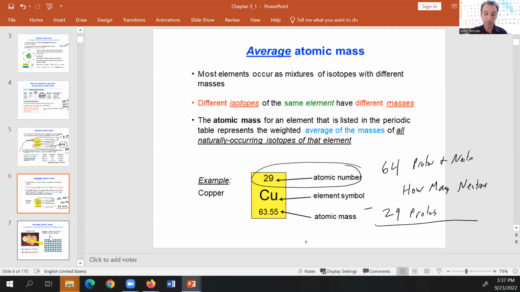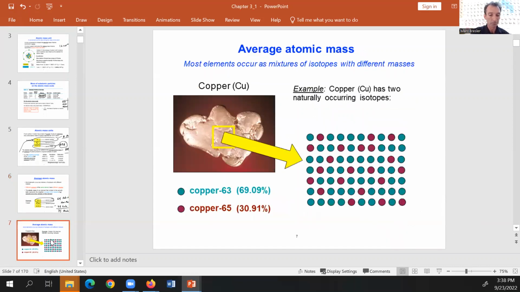So if you take the difference of those, because only the protons and neutrons carry the weight of the atom for the relative mass calculations, that's 35 neutrons. So that's kind of how you do that.